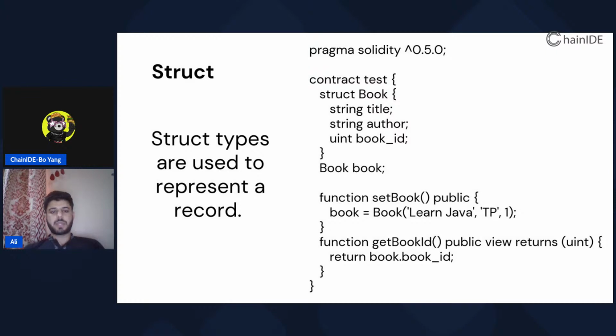For example, here we have the structure instance book, and here book.id. It will give us the book ID that we stored, which is one. And if we use book.title, it will return Learn Java. So this is the use of structured data types.